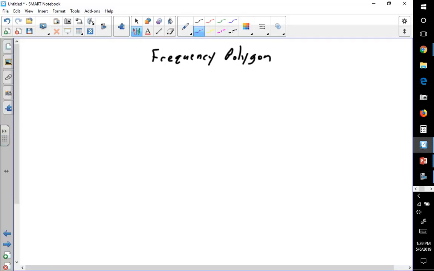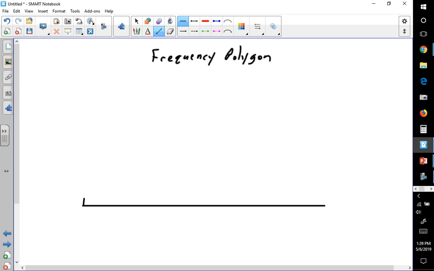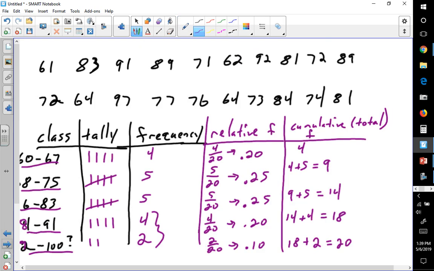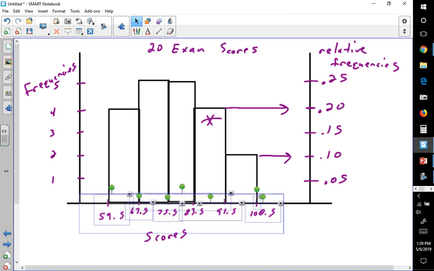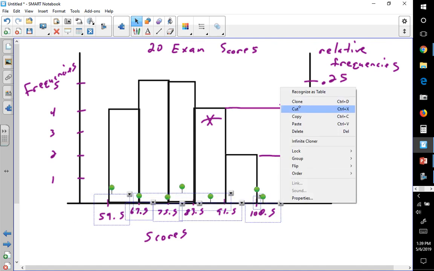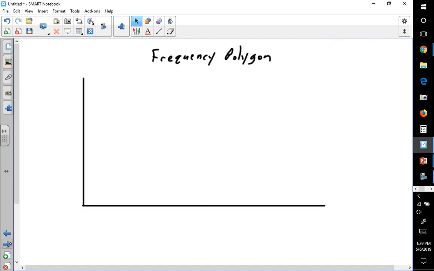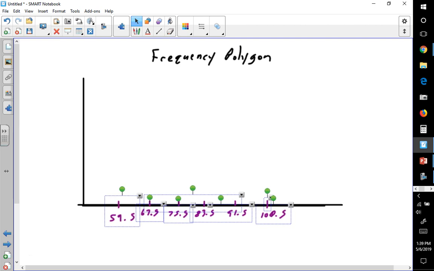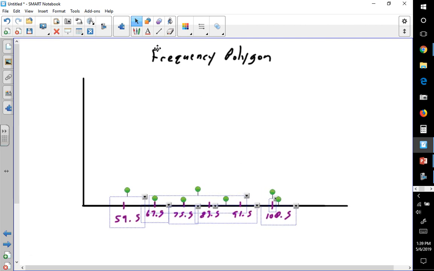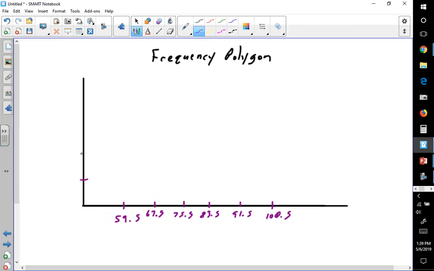Kind of different ways we could do this, but if we draw our horizontal and vertical scale, our boundaries, let's copy these boundaries. Paste them in. And put our scale back over here.